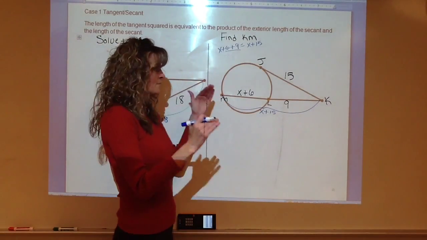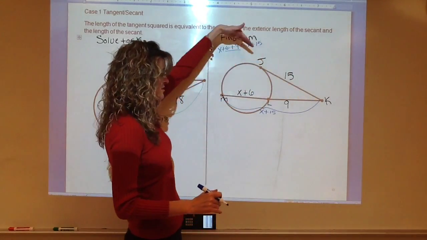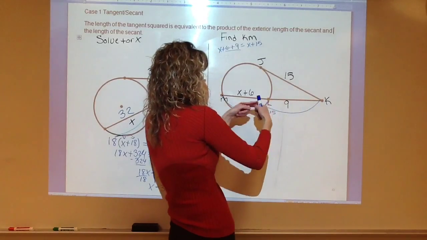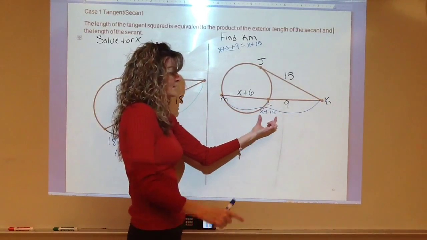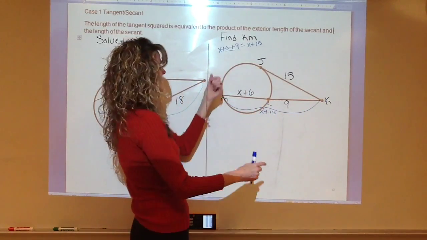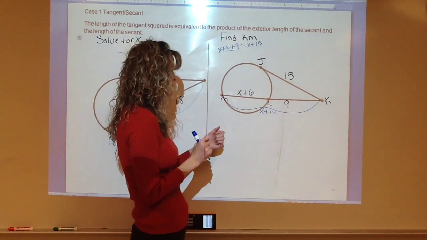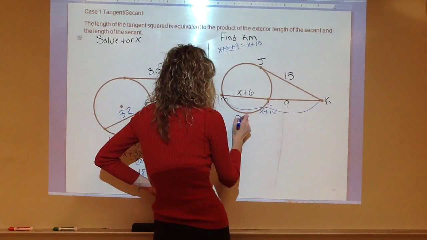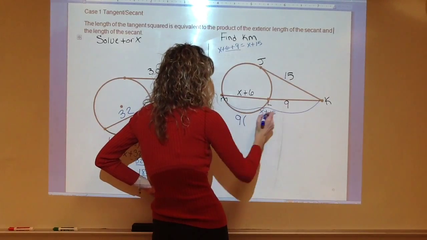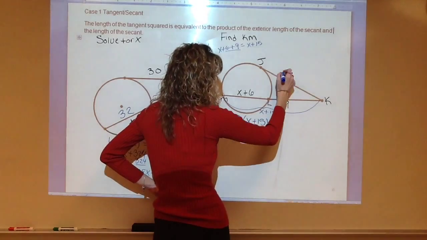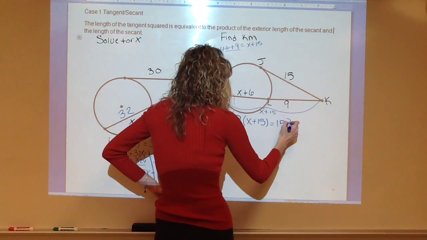Okay, so let's remember, this square, the tangent squared, is equal to this short side times the whole thing. And that whole thing is x plus 15. How did I get that? It's 9 plus the x plus 6. Okay, so let's do that. The outside, which is 9, times the whole thing, which is x plus 15, is equal to the tangent squared.